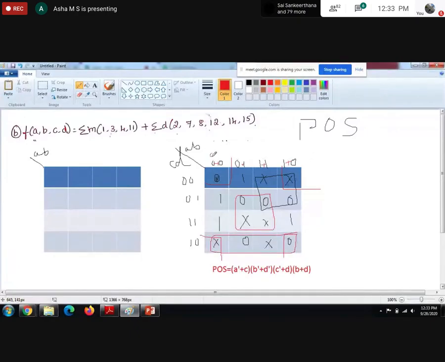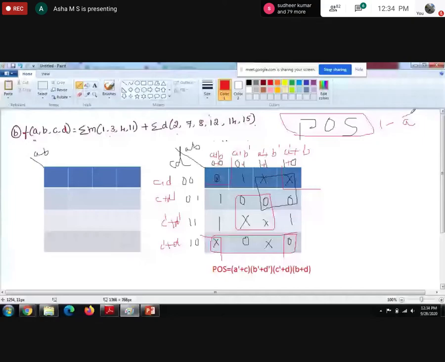So here 0 means I will be writing as it is. A plus B, A plus B bar, A bar plus B bar, A bar plus B. So here it is C plus D, C plus D bar, C bar plus D bar, C bar plus D. Means when you are going to write max terms or POS, wherever 1 is there, make it a complement.